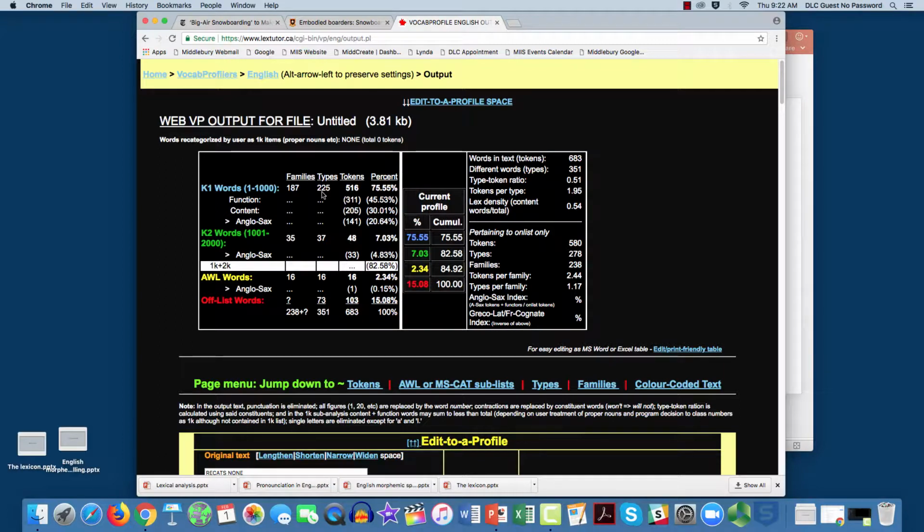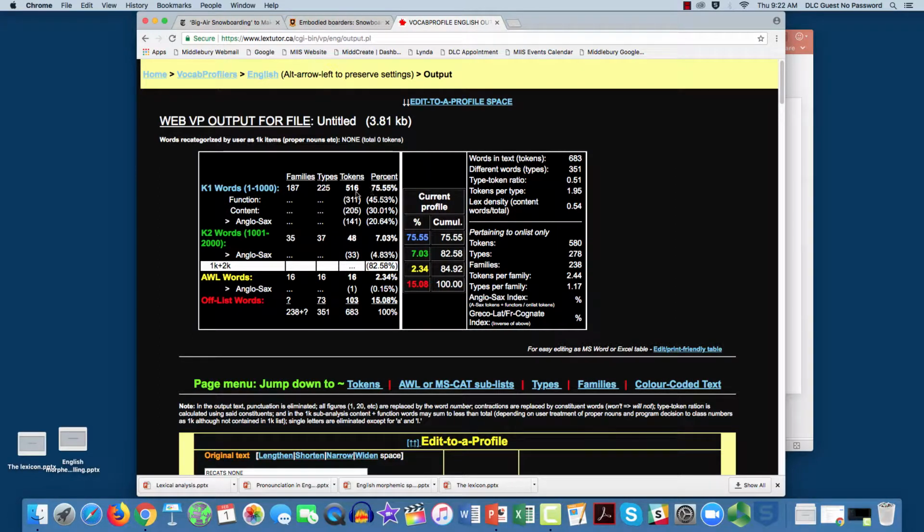So of all of the types in English, all of the dictionary entries, the 1,000 words which represent the highest number of tokens, so these are the most frequent words. Words 1 through 1,000 are K1 words. K2 words would be the next 1,000, from the 1,001st most frequent word in English to the 2,000th most frequent word in English.